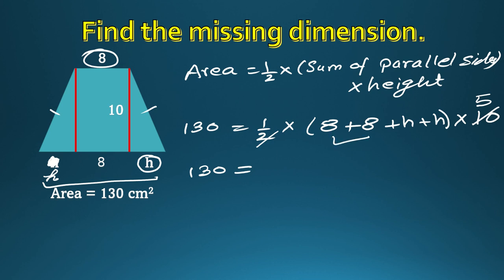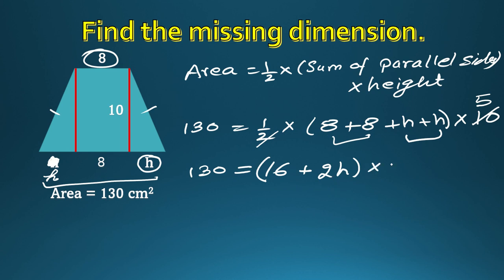So 8 plus 8 is 16. This question is a little difficult, I have taken it for you just to make sure that you understood it well and you can practice some good questions also. Now h plus h, what will it be? 2h. You will write in the comment why h plus h is 2h. You will write the reason. I want to see that.